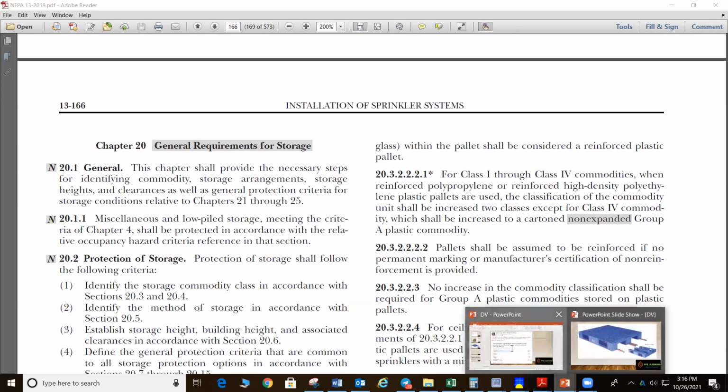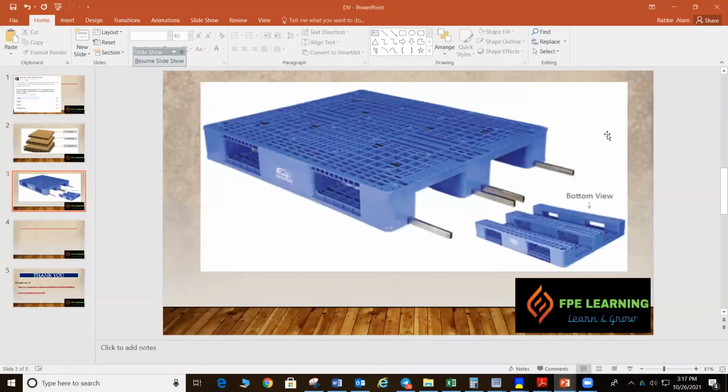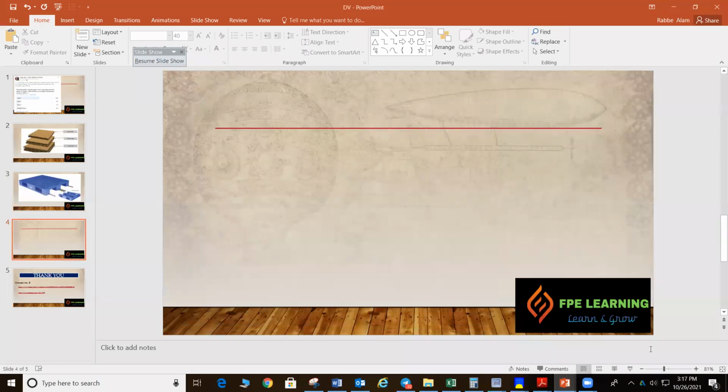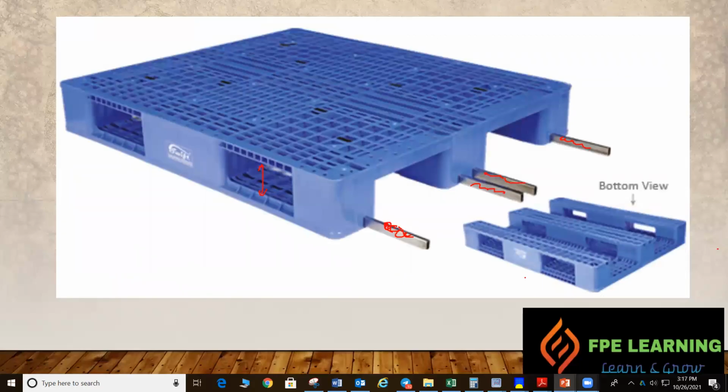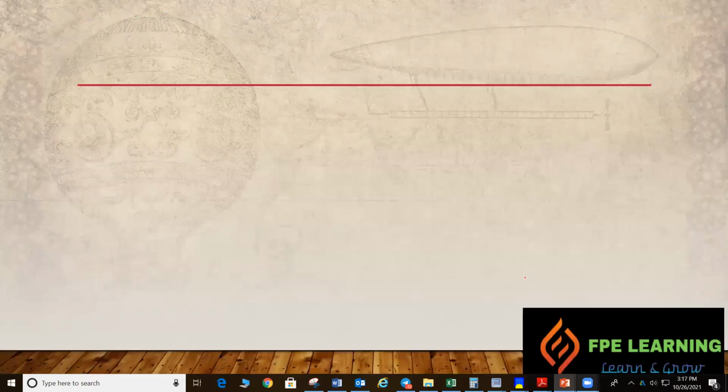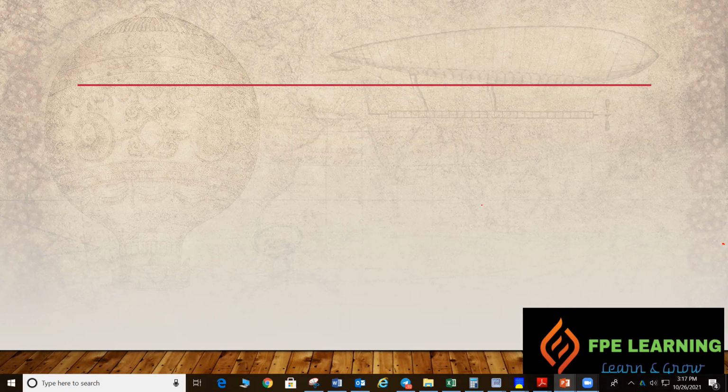Now moving on to our slides and try to capture what we actually got from this one, right? So let me recap here. We have a non-combustible product, let's say it might be a class 1, right?